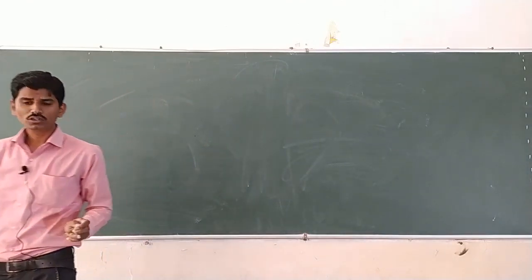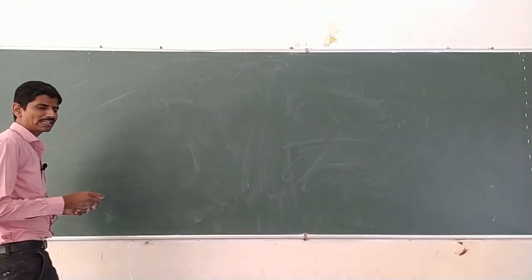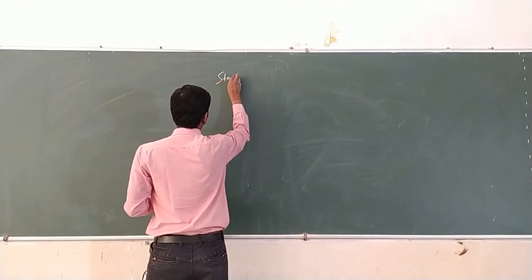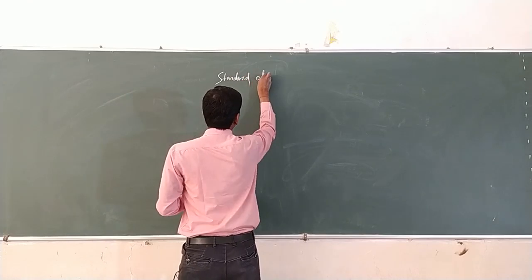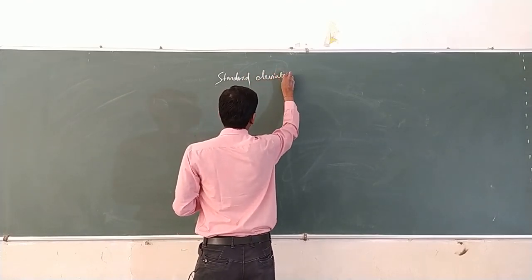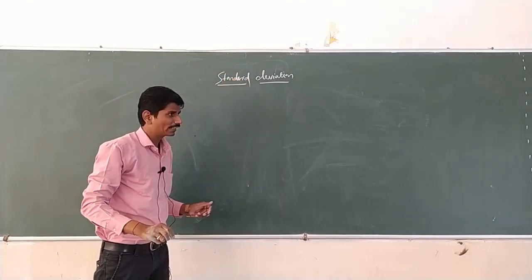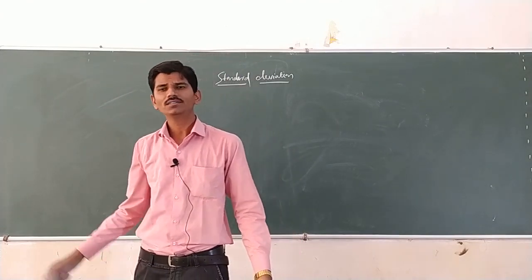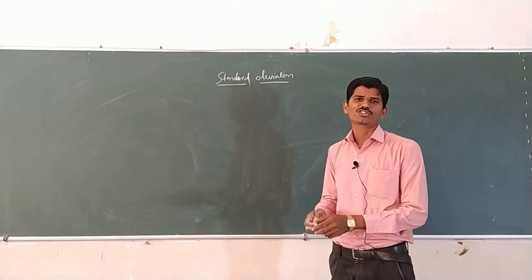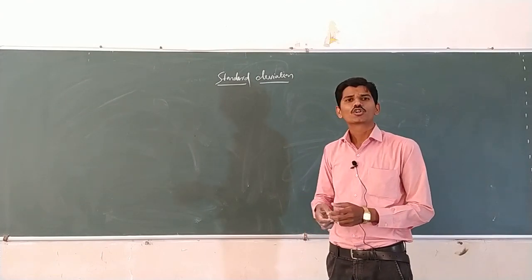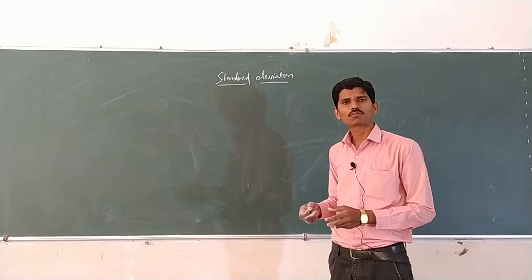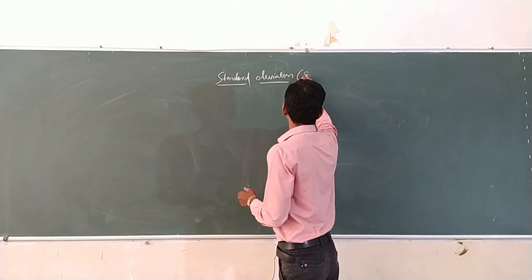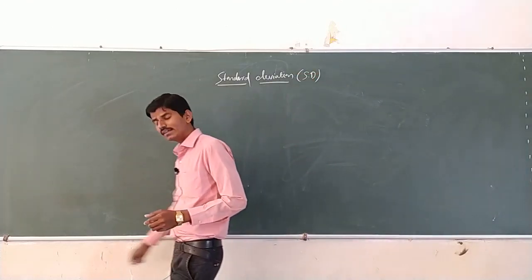It is the fourth measure of variation or dispersion. In absolute measures of dispersion there are totally four types: range, quartile deviation, mean deviation, and standard deviation. The relative measures are coefficient of range, coefficient of mean deviation, coefficient of quartile deviation, and coefficient of standard deviation. It is standard deviation, SD.